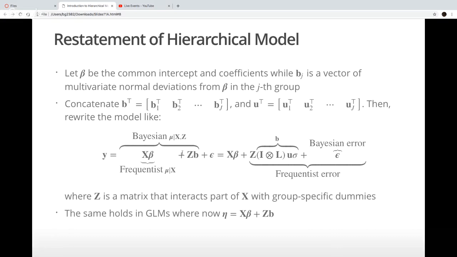And you can put whatever prior you want on the betas and sigma. And usually you would do the LKJ thing with L, but there are other choices. Indeed, you don't have to limit yourselves to multivariate normal. You can do multivariate T or other sorts of distributions.